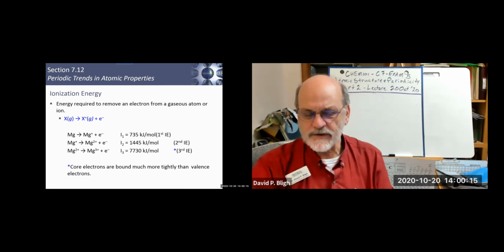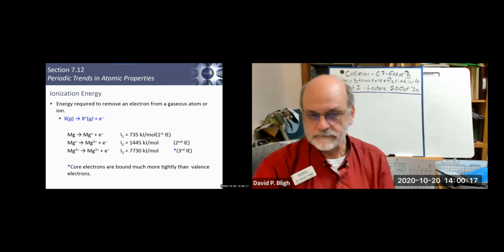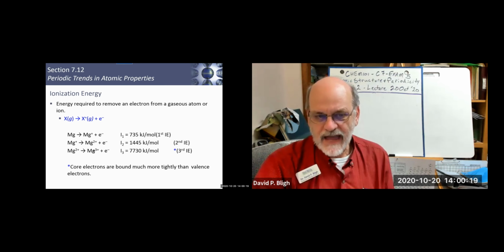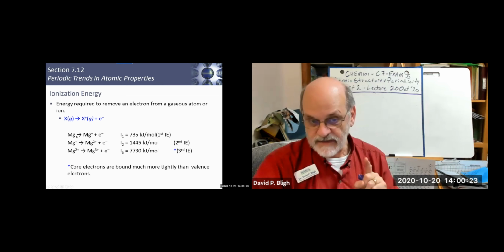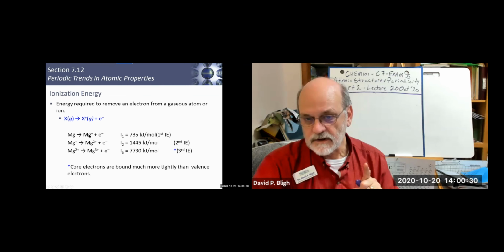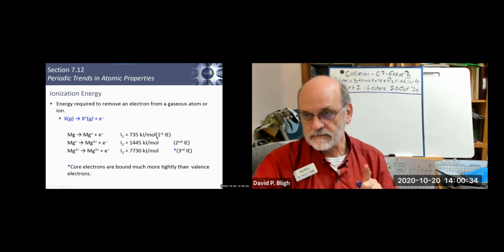But we're just going to talk about these first 3. So the ionization energy, even though we didn't write gas in here, believe me, that's a gas, and this is a gas as an ion. And this is the amount of energy, kilojoules per mole, for the first ionization energy. And the first ionization energy always starts with the neutral atom.